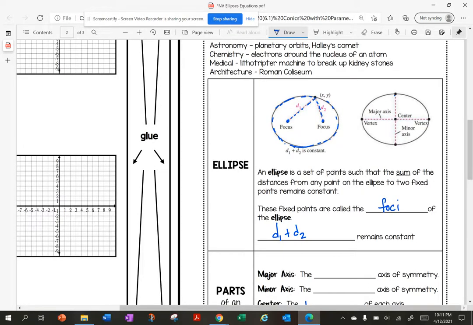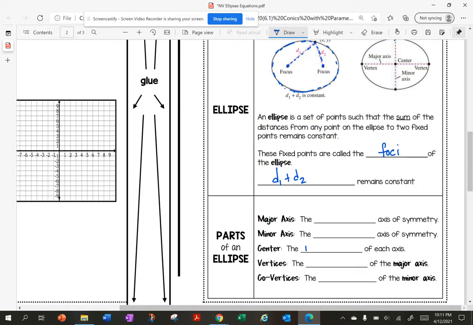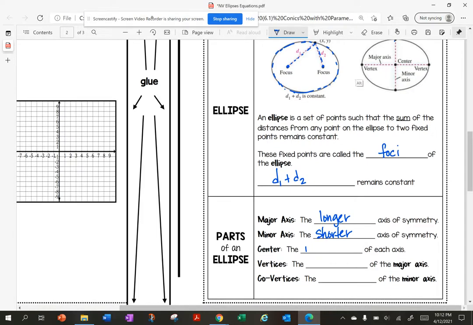Okay, let's go through some vocabulary. The major axis is the longer axis of symmetry. The minor axis is the shorter axis of symmetry. So in this example, the longer axis is the x-axis, and the minor axis is the y-axis.